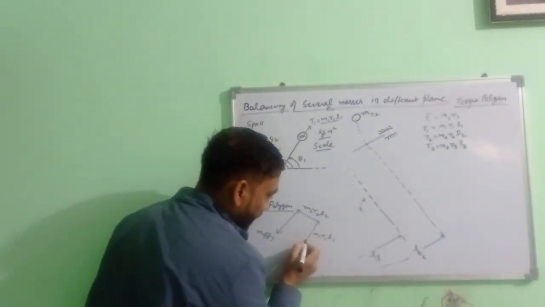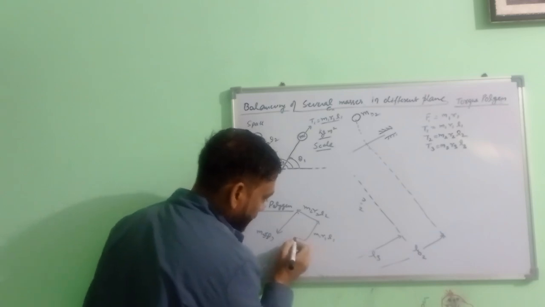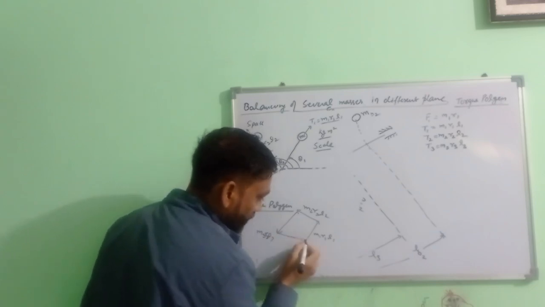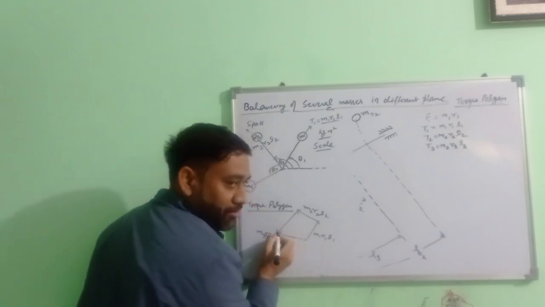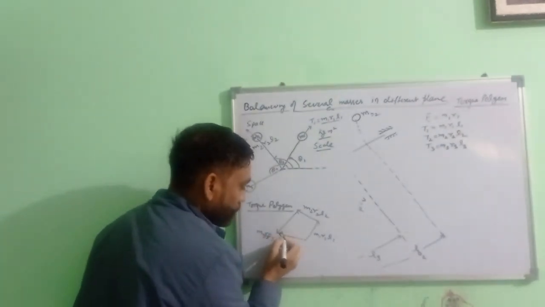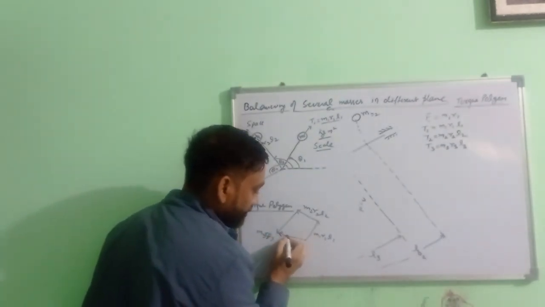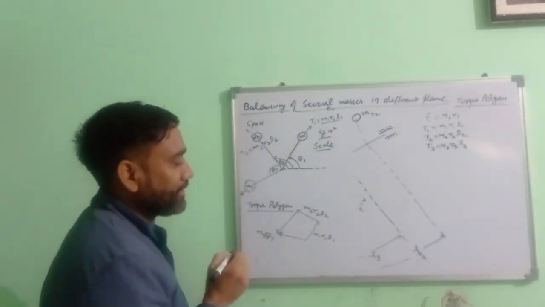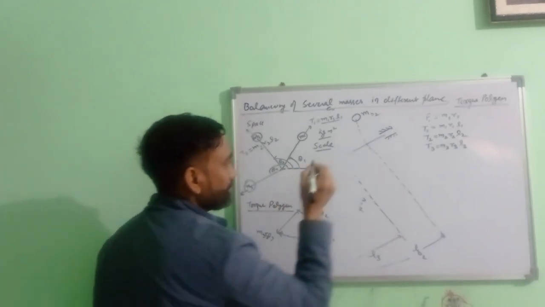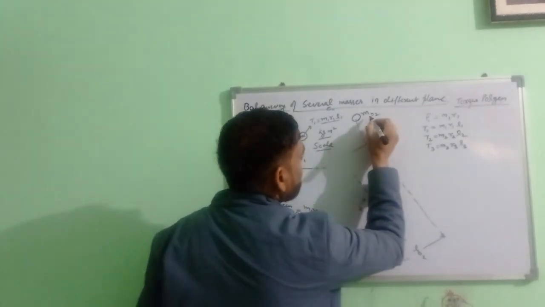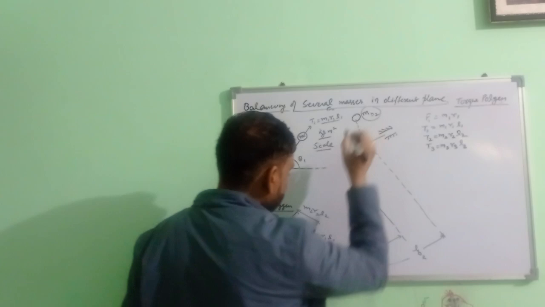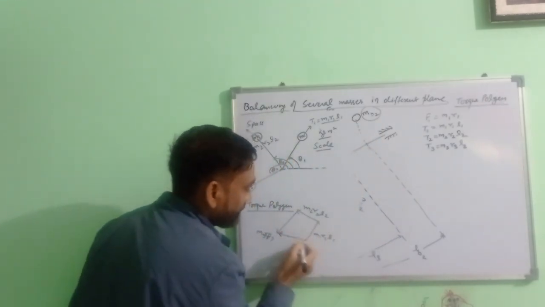So this point we will add from the starting point, we meet with the end point. So this is the direction of this mass. Which mass? This is the unbalanced mass. Which direction?